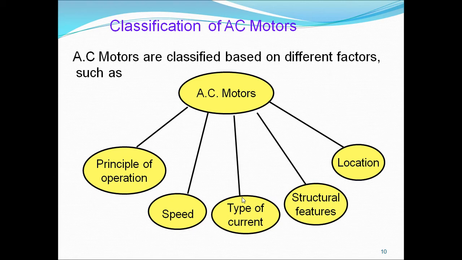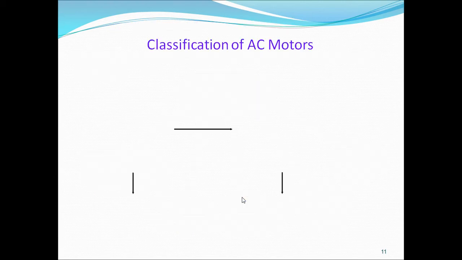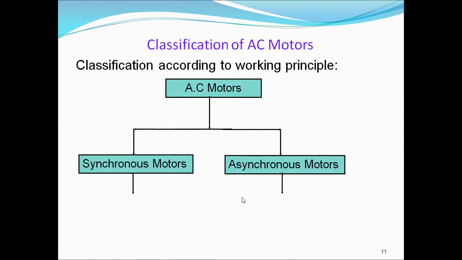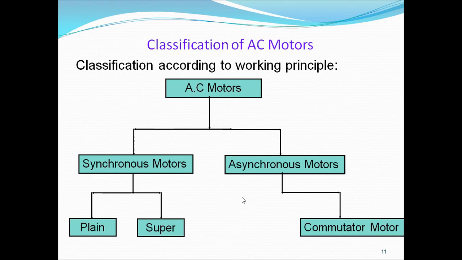That means where we can keep the motor. Depending on the motor location we also have to change its features. Depending on the application we have to design and select the motor. So, classification on the basis of working principle.